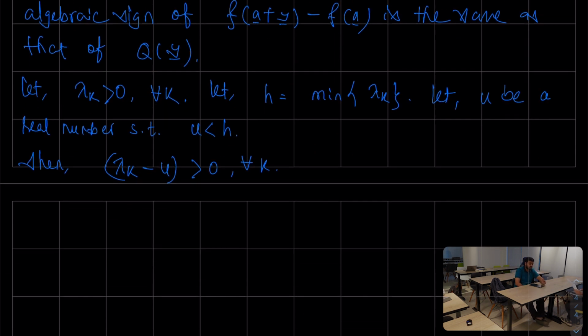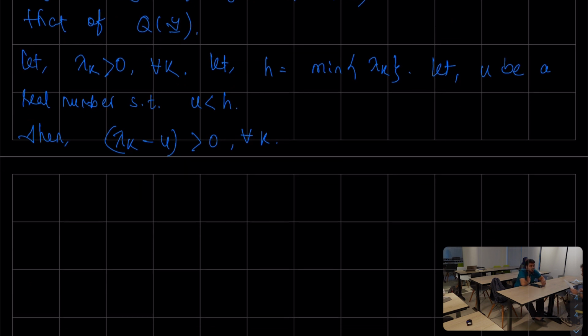So what is the interpretation of these numbers? These numbers are eigenvalues of this matrix: the Hessian minus u times the identity matrix, and this is an identity matrix.